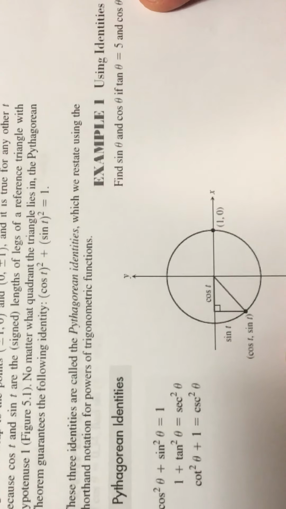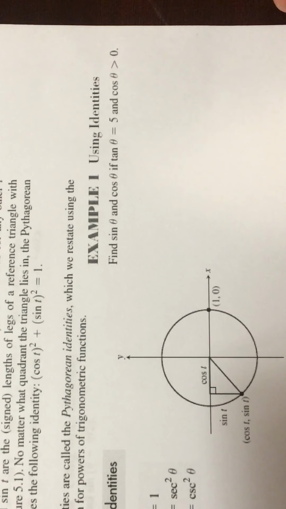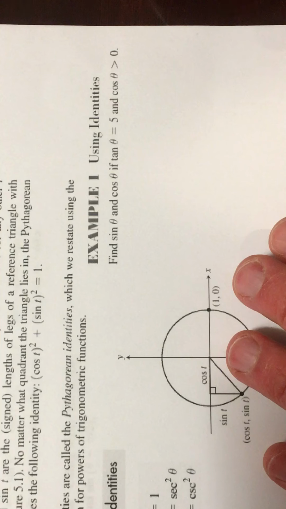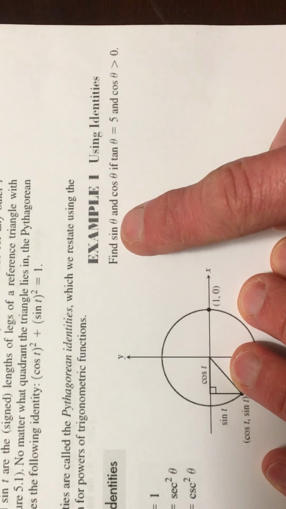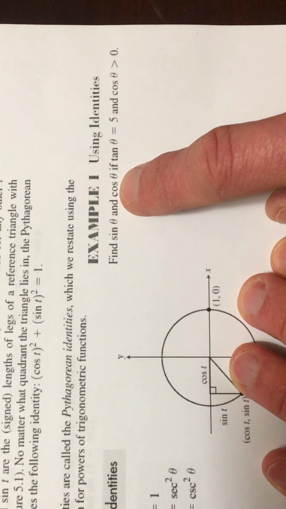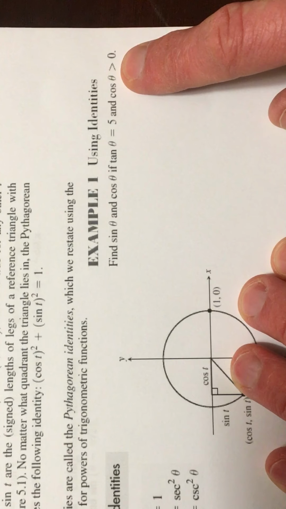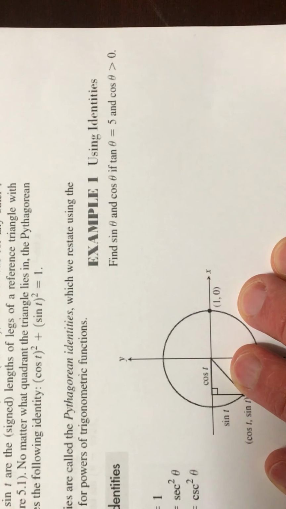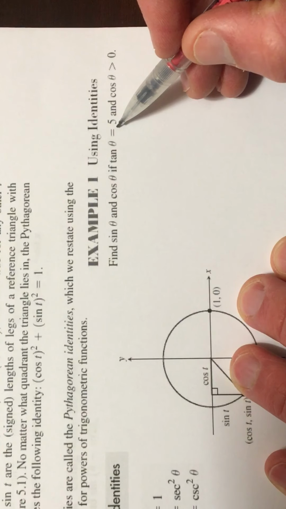So if we look at example 1 here, you've done this before. You've done this on your take-home test or your group test. You've done it on a quiz. We're looking for the sine and the cosine given the tangent and another fact. So in Chapter 4, we did something like this. Oh, tangent's positive.